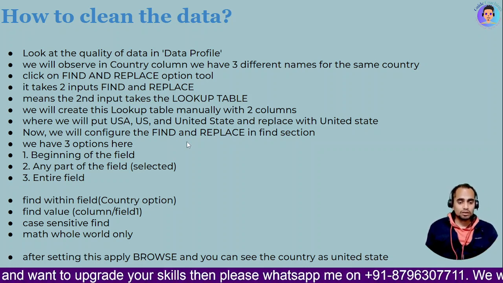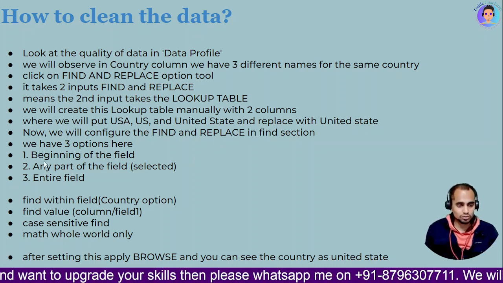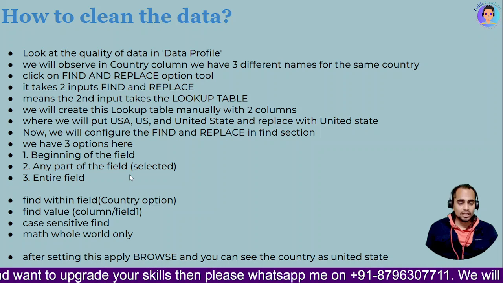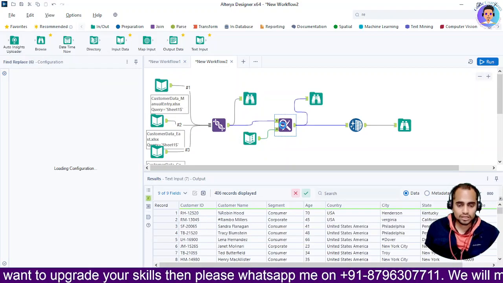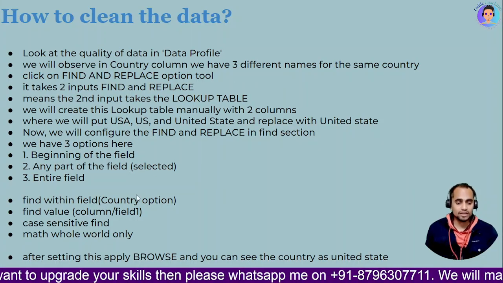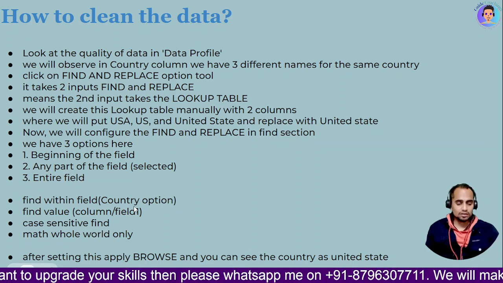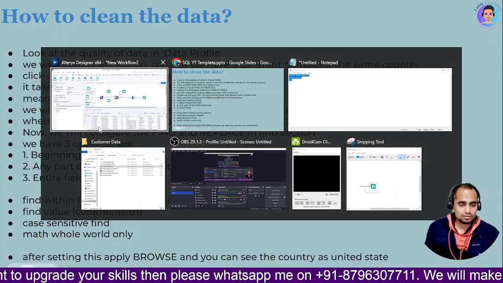Okay, now we will configure the find replace section. We have three options: beginning of the field, any part of the field, and entire field. When we click here, we have beginning of the field, any part of the field, and entire field options. Okay, find within field. Now in the second part we have the find value.